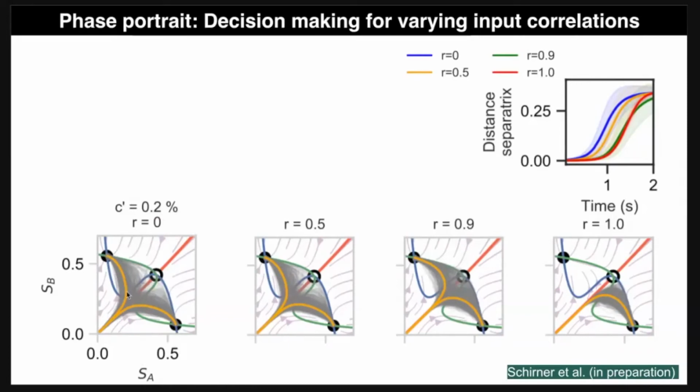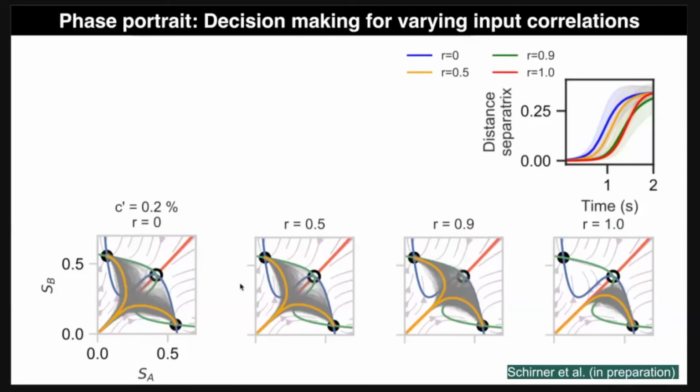The gray plots are the 1,000 simulations that we did for each of the conditions, for each of the 4 degrees of network correlations, and the orange lines in the plots are the averages across these 1,000 simulations. And what you can see here is that depending on the network correlations, the 2 state variables B and A stay longer time or more time at the red separatrix.